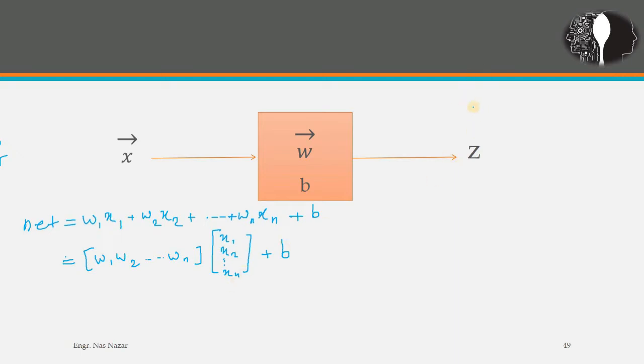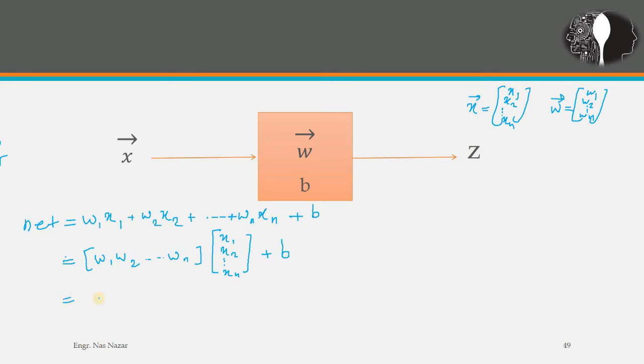And here we already know that our x is a vector of x. We can just show it with x1, x2 up to xn. The same with our weights, our w, which shows how effective each input is and what the effect of each input is on our output: w1, w2 to wn.